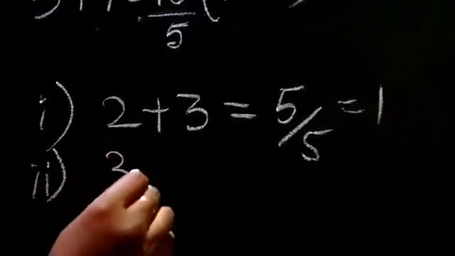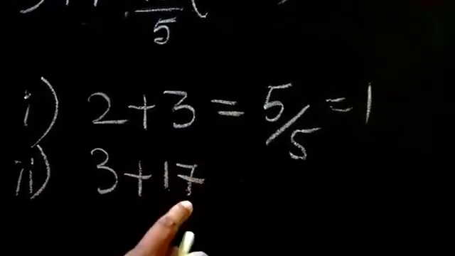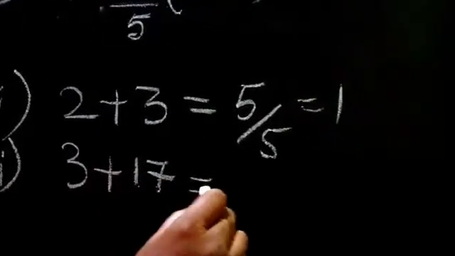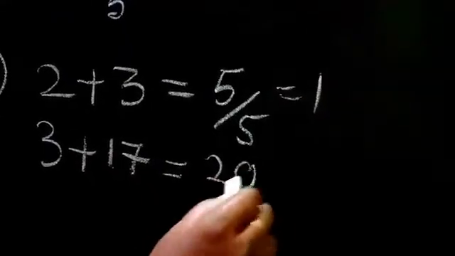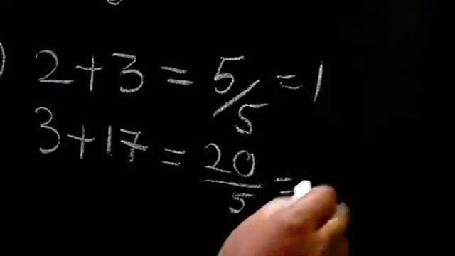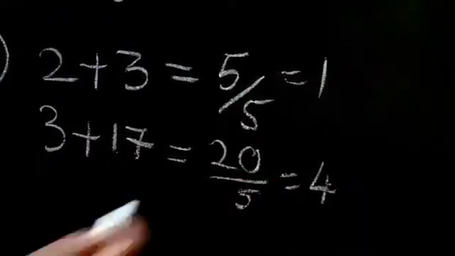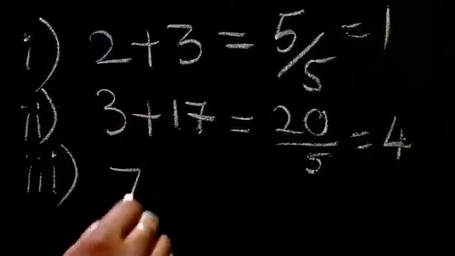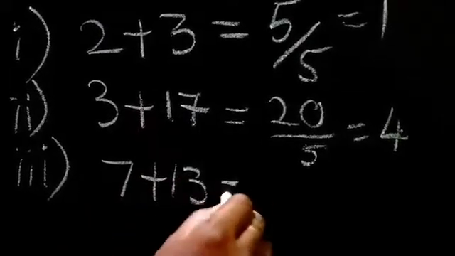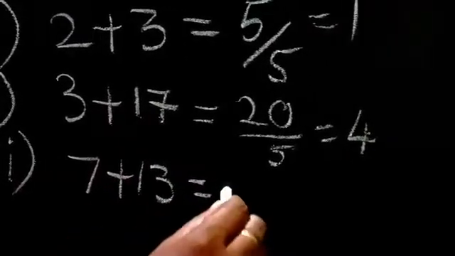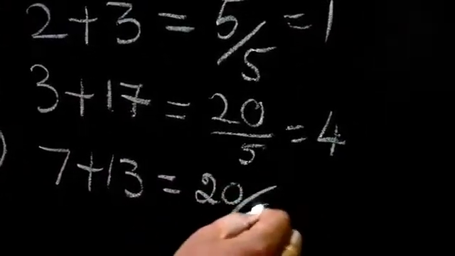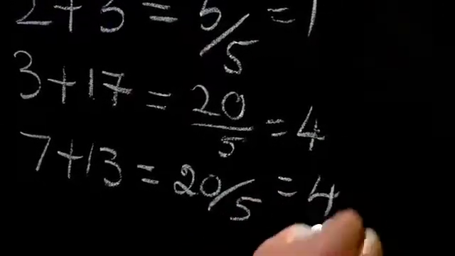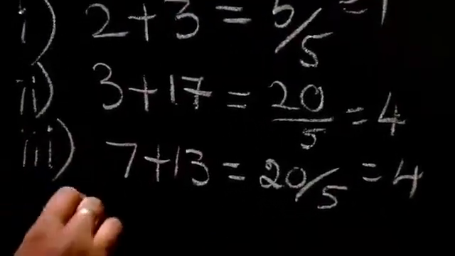Second pair is 3 plus 17. 17 and 3 are prime numbers. When we add, we will get 20. 20 divided by 5 is 4. 4 5s are 20. Third pair is 7 plus 13. 7 plus 13 will get 20. 20 can be divided by 5, 4 times.